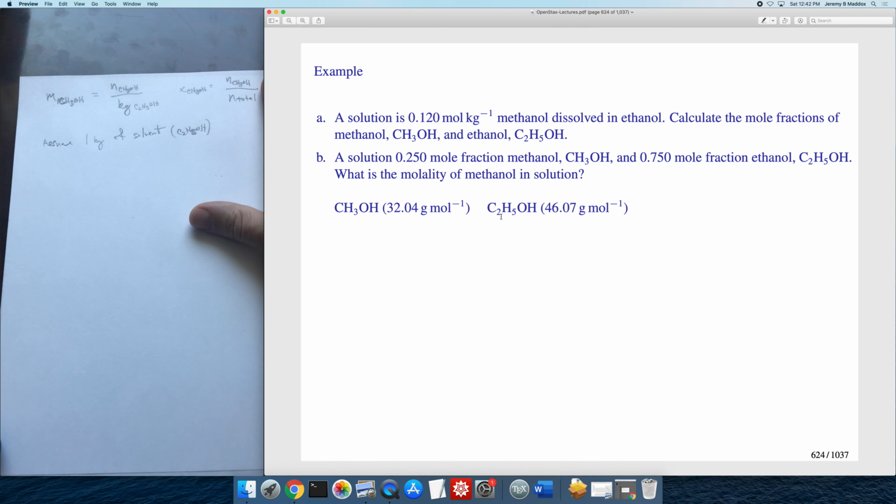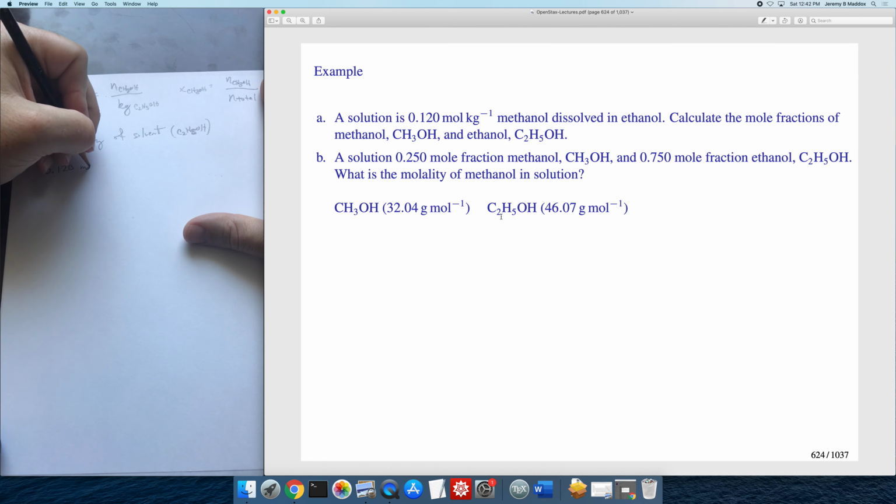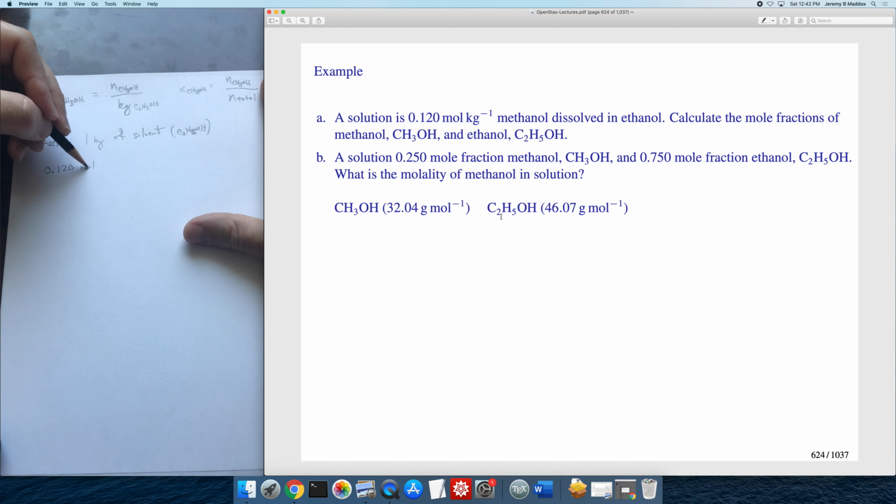Okay. So if we assume that we've got 1 kilogram of ethanol, we can use that to very easily determine the number of moles of methanol. It's simple. You take the molality, 0.120, which is moles of methanol per kilogram of ethanol.